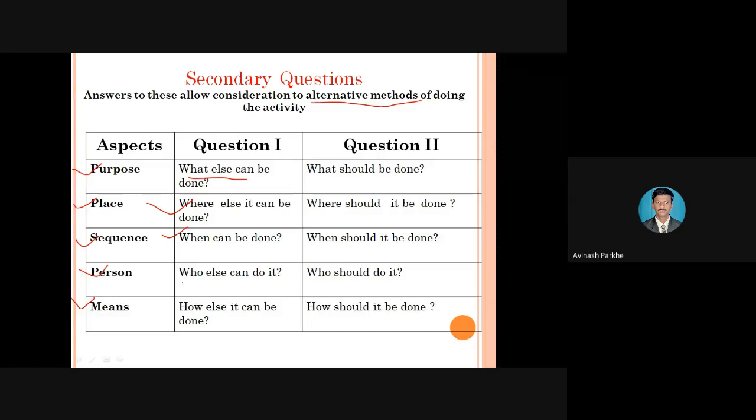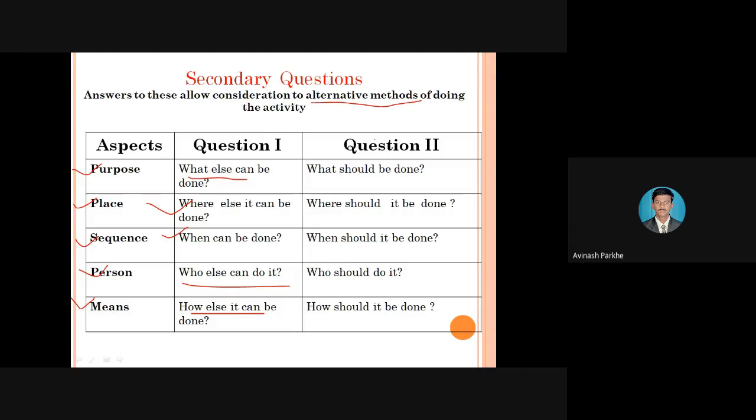Person: who else can do it? If I go for the alternative solution, which person can be provided there in order to go on with the manufacturing? How else can it be done? While selecting the alternative solution, what process I have to implement there is represented by this how type of question.